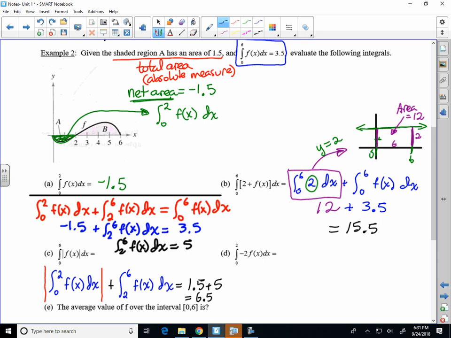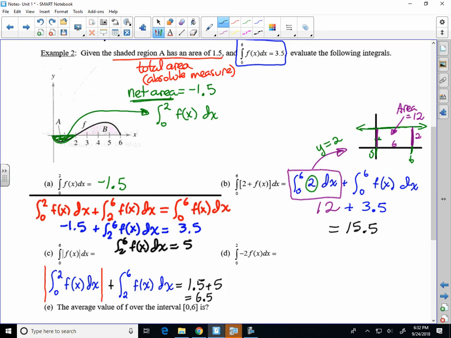I mean, it's also something you could reason out. I think it requires a little bit of talking to yourself, but you can get there by saying, all right, I have to end up with 3.5 when all is said and done. I'm going to lose some, I'm going to gain some along the way.